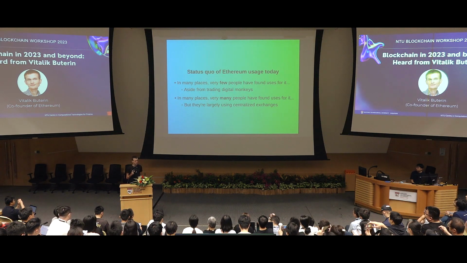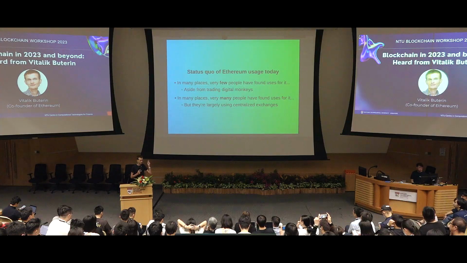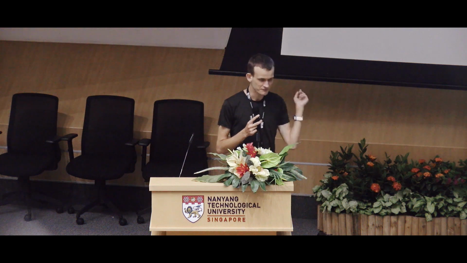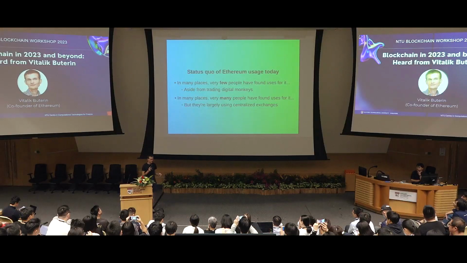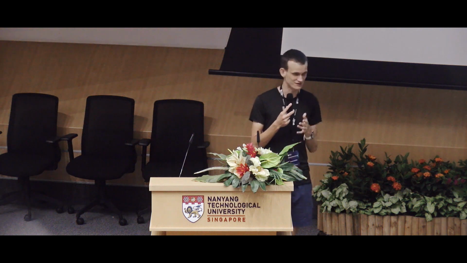You hear statistics like this from places like Argentina, Turkey, Nigeria, Ukraine, many countries that have different kinds of complicated political or currency situations. And in those places, being able to have this alternative means of transacting and holding savings is just a lifesaver for people, right? And it's valuable for people already. But the challenge is that when you look at how these people actually use the cryptocurrencies, they're always going through centralized exchanges. And centralized exchanges can be good and they can be convenient, but as we found out last year, centralized exchanges often break.